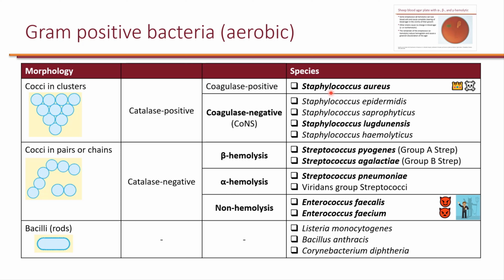And if somebody has an infection and we don't know what it is yet, but they look at it under the microscope and they say, well, it looks like cocci in clusters, and we also did a coagulase test and coagulase test was positive, as clinicians we can anticipate Staphylococcus aureus, so we can give appropriate treatment. So that's why we're covering this.